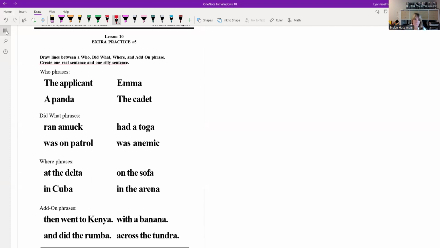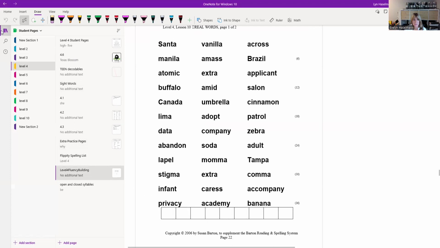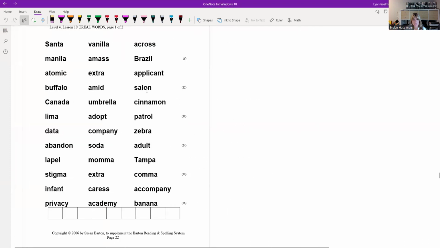Okay. So the next part of their practice will be the fluency drills. And just like always, I encourage taking control of that word by decoding it, which means dividing it up.